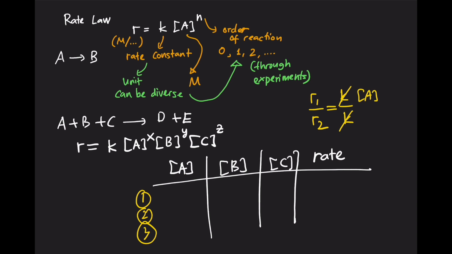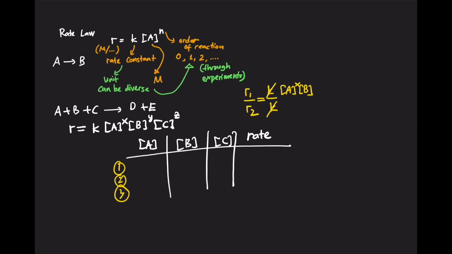And then A to the X, B to the Y, and C to the Z. The other one will also be A to the X, B to the Y, and C to the Z as well. Now in this case, it is wise for us to compare the data where we have similarities in concentration.